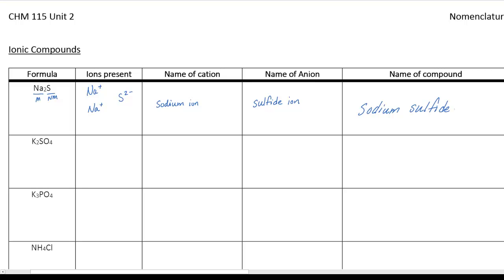Now, we do not use any di or tri or tetra when we're naming ionic compounds. And we don't need that because of their charges. We know which ratios they need to combine in, because they're always going to combine in a way in which the formula takes on a neutral or zero charge overall. Let's go ahead and work through the next one.